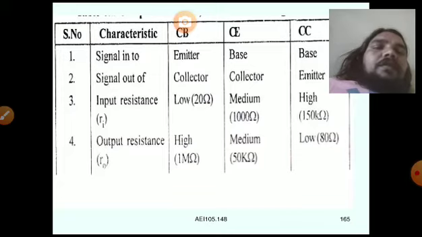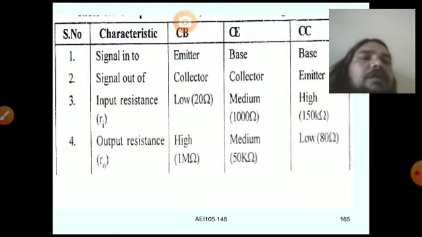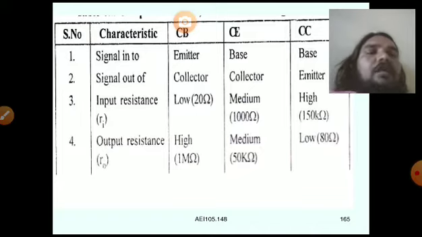In common base configuration, output resistance is very high, that is 1 mega ohm. In common emitter configuration, output resistance is medium, 50 kilo ohms, and in common collector configuration output resistance is very low, that is 80 ohms. These are the four factors for comparing the common base, common emitter and common collector configurations.